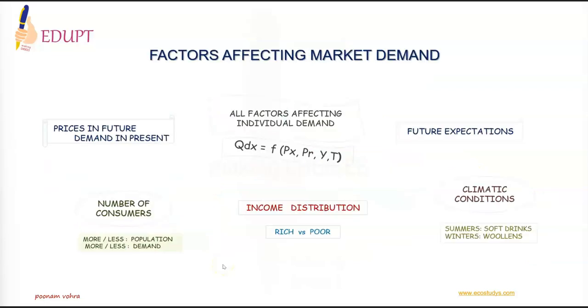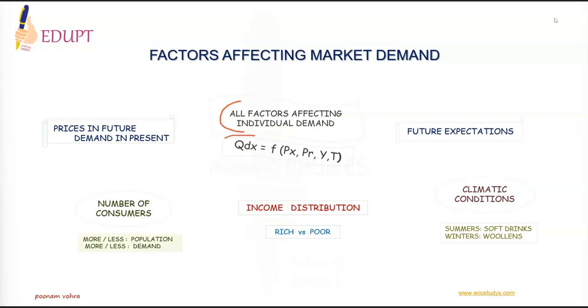There are various factors that influence market demand. Let's understand. Since market demand is derived from individual demand, all factors that affect individual demand also affect market demand.